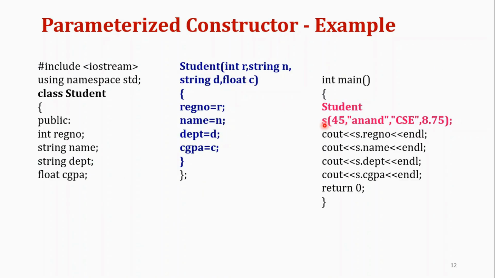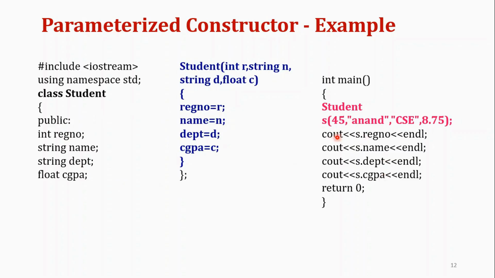So while creating the object S, within the brackets, I'm passing a set of parameters respectively. 45 is given to R, Anand is given to string N, CSE is given to string D, and 8.75 is given to float C. For the object S, the attributes register number, name, department, CGPA are initialized with the parameters R, N, D, C. Okay.